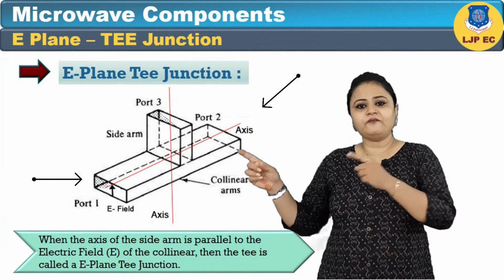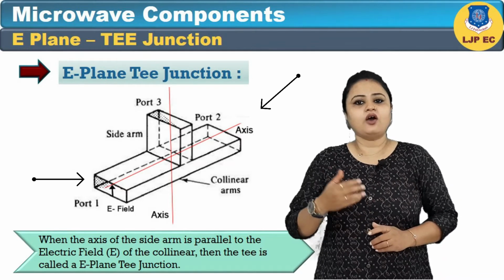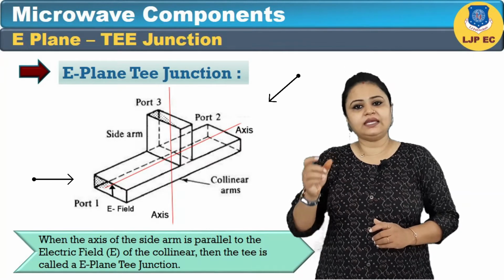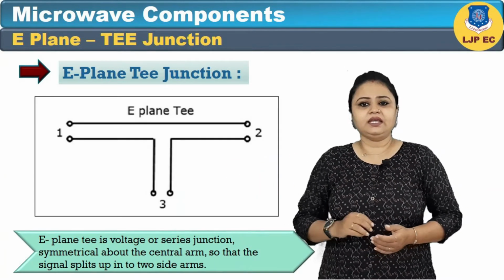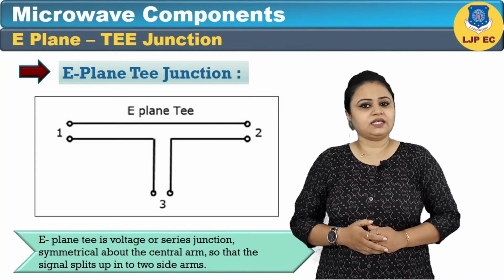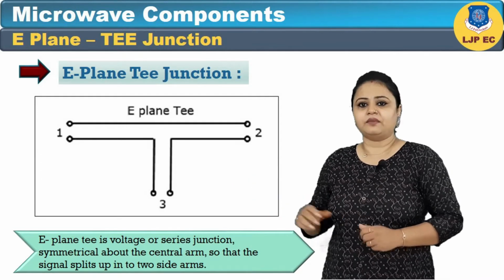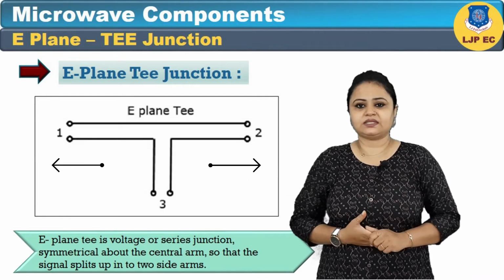When the axis of the side arm is parallel to the electric field of the collinear arms, then this T is called an E-plane T junction. E-plane T is a voltage or series junction, symmetrical about the central arm, so that the signal splits into 2 side arms.